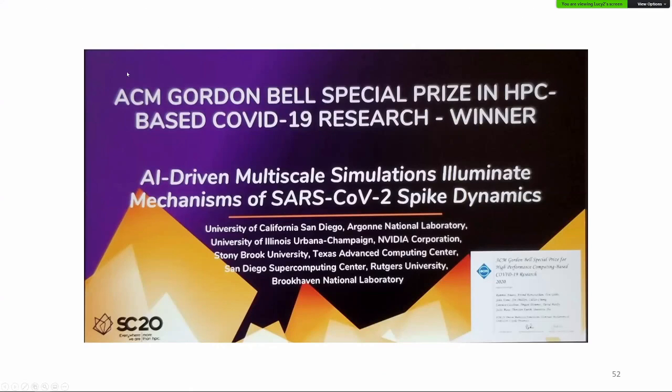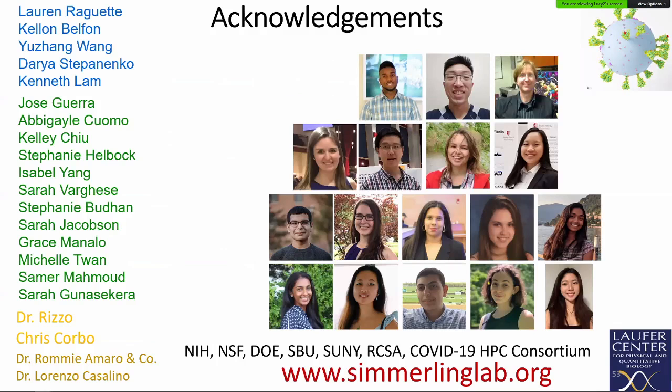We've gotten recognized by the Gordon Bell Prize, which is awarded for high performance computing on outrageously large systems, along with Dr. Rommie Amaro and several other collaborators. So we've been doing well, but there's still a lot of gaps to fill. And the longer, I suppose, this pandemic goes on, the larger the demand for this kind of knowledge.